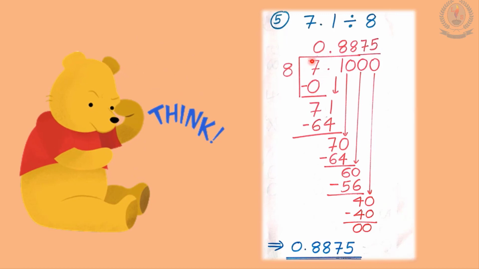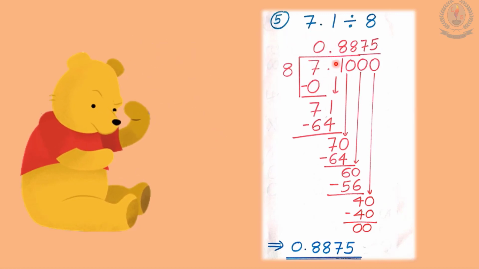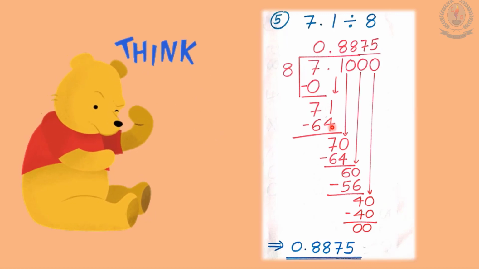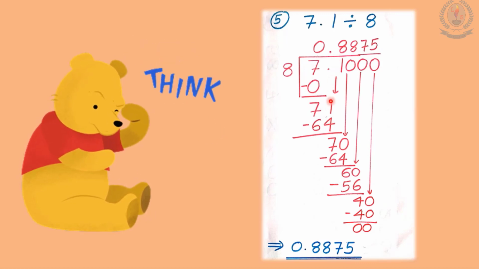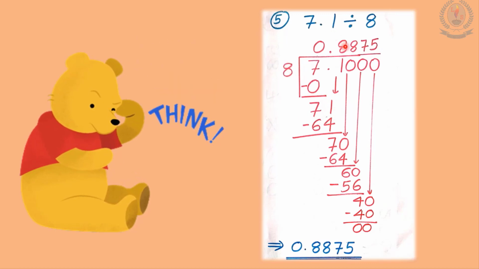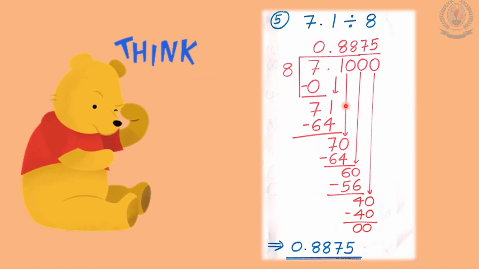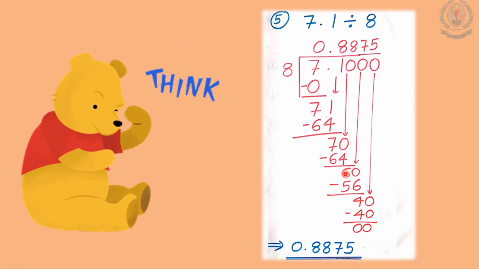So for 7, 8 times 0, then 7 minus 0 is 7, then you have to take that 1 down. Then 71 is there. For 71, 8 times 8 is 64, then 71 minus 64 means 7. Then you have to put another 0 and take it down, then 70.